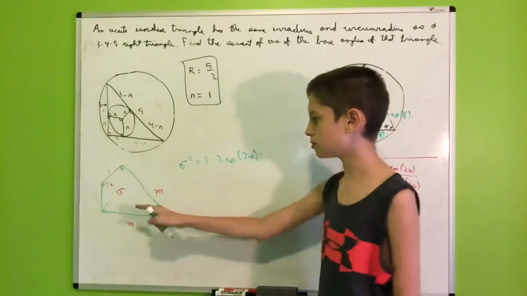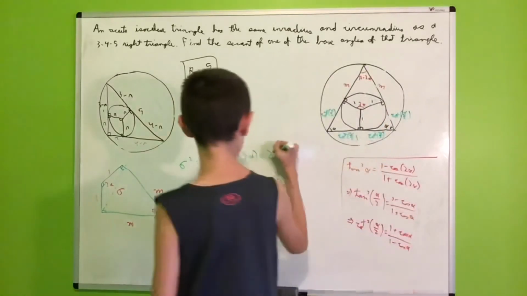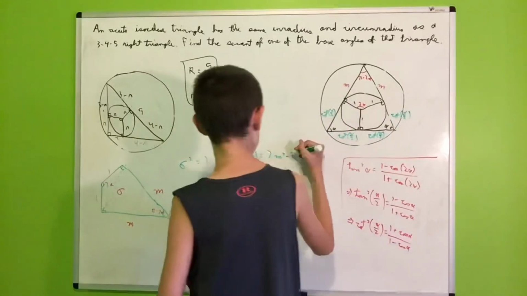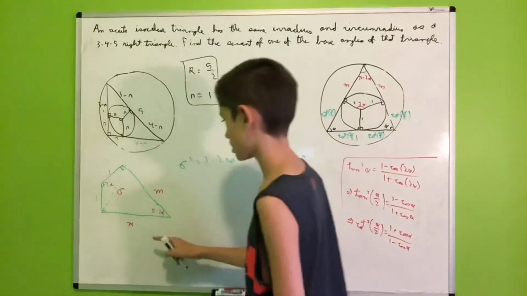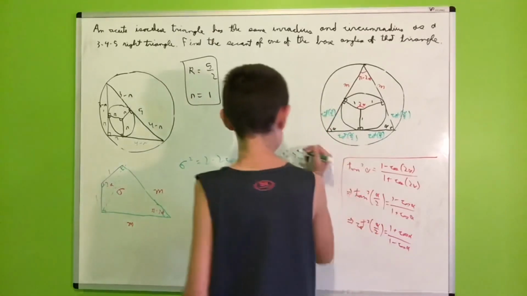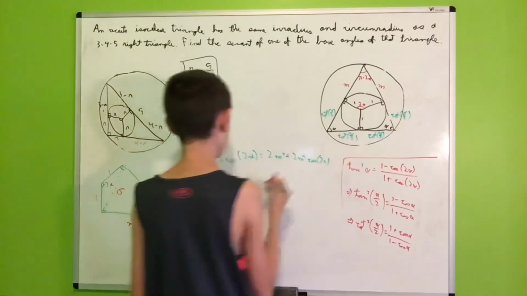But this will also be equal to m squared plus m squared, which is 2m squared, minus 2m squared, times cosine of pi minus 2 alpha, which, as we said earlier, is simply negative cosine 2 alpha, so let's put that in.